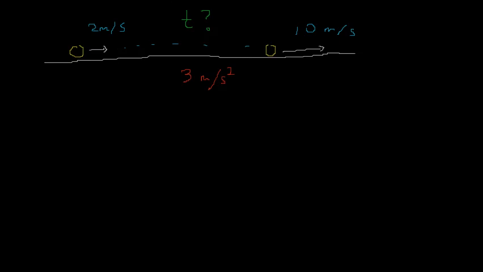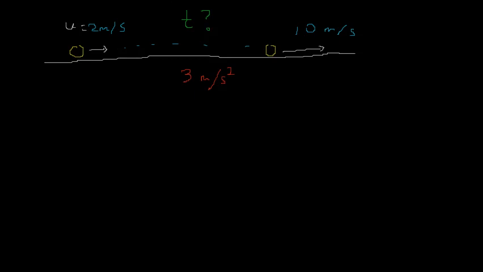Now, in order to do this question, we can make use of the equations. We have already seen that there are a few equations, and so we need to choose which one. Let's quickly review what information we have. We have the initial velocity, which we usually call u.